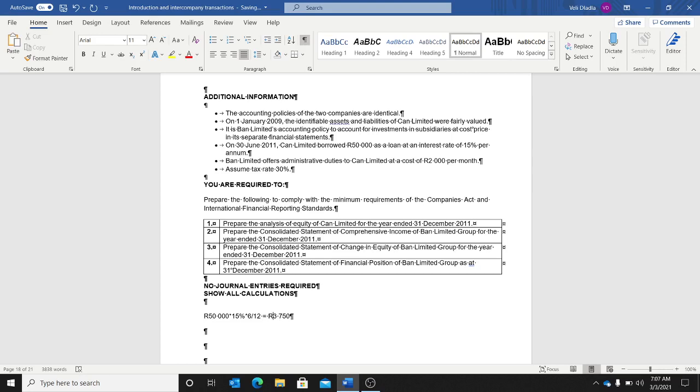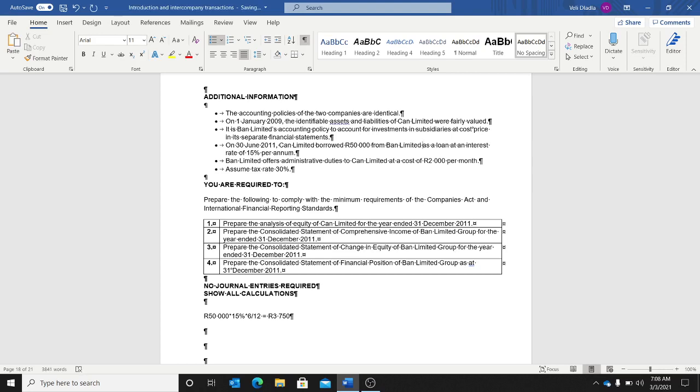Right. So Ken is going to pay interest. I think this one we're supposed to expand. Ken borrowed 50,000 from Ben, because as it is, it doesn't say much.